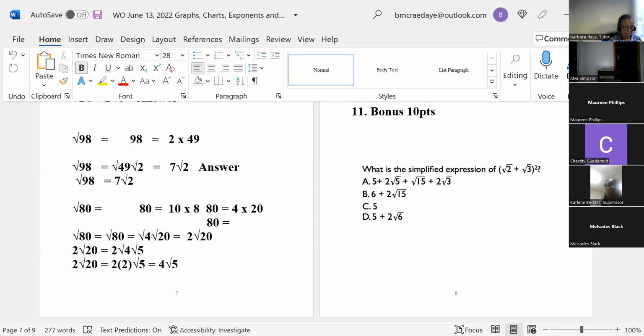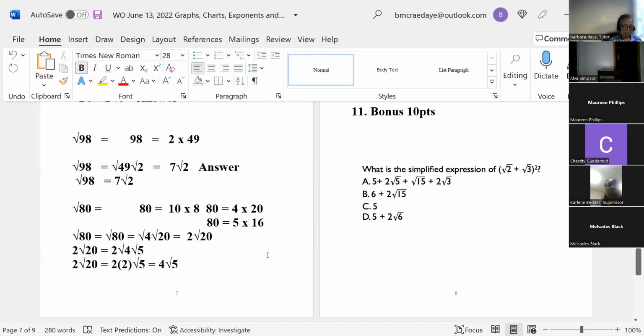No, 80, 2 numbers multiplied to give you 80. 5 and 16. And that gives you 80? Yes, 5 and 16, Mercedes. Remember, I said factors of 80, 2 numbers to multiply to give you 80.